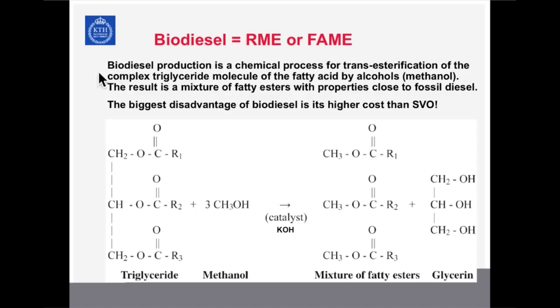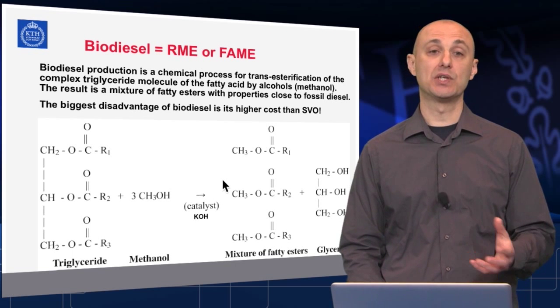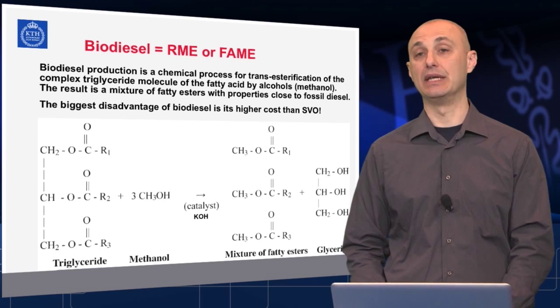It is a chemical process of transesterification of a complex triglyceride molecule of the fatty acid by forcing them to chemically combine with alcohols, most commonly with methanol, the cheapest and the most reactive alcohol. It is necessary for the process to use a catalyst. And alkali are the best catalyst, especially sodium or potassium hydroxide.